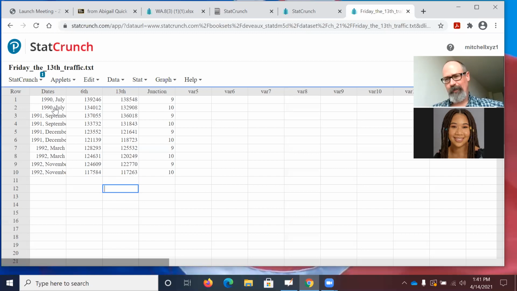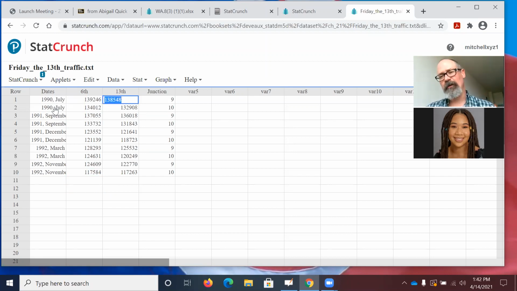And so when you're thinking about this problem, I guess you are thinking about doing some sort of paired data analysis. And so what are really the pairs? For each junction and day, for each junction and in some sense observation, you have a pair of numbers. You have a number coming from the 6th and a number coming from the 13th, yes?